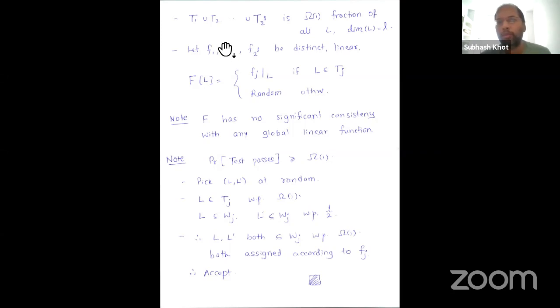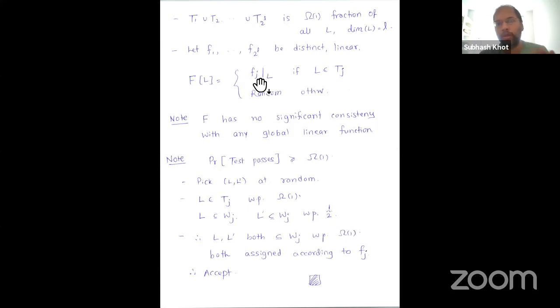Now I do something basically the same as what we did before. In the earlier counterexample, I take 2 to the L distinct linear functions, and then for all subspaces in the set T sub j, I assign them according to the function f sub j.